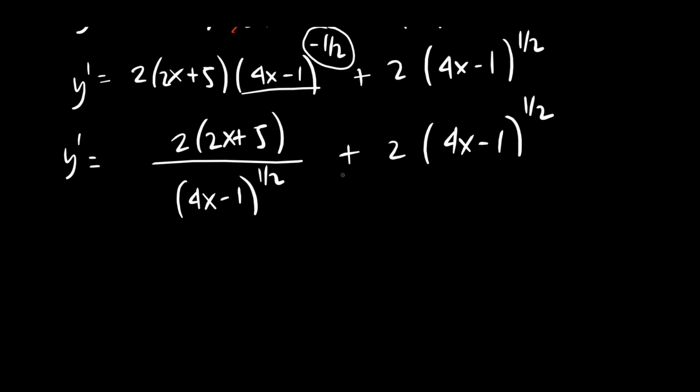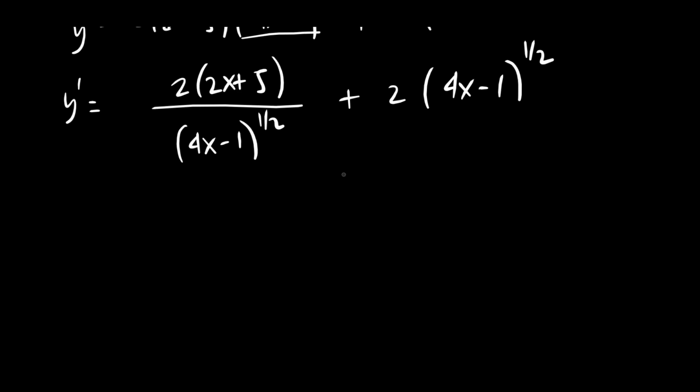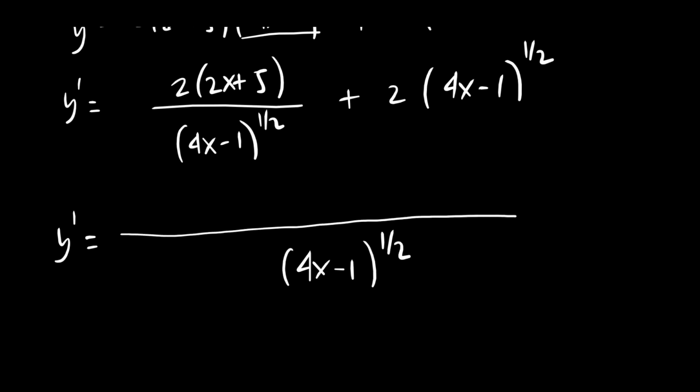After this, we will combine these two terms. So y prime is equal to 4x minus 1 raised to the power of 1 half, we just copy the first term 2x plus 5, and for the second term it is 4x minus 1 raised to the power of 1 half divided by 1, because there is a 1 here.